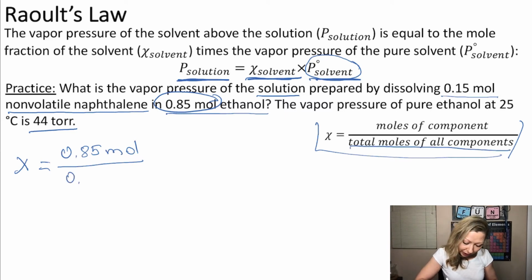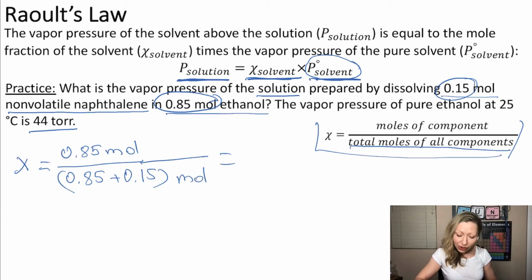So 0.85 plus 0.15 moles. Okay, so if you do this calculation, you are going to get 0.85. What is the unit? Unitless, right? Because this is the fraction.